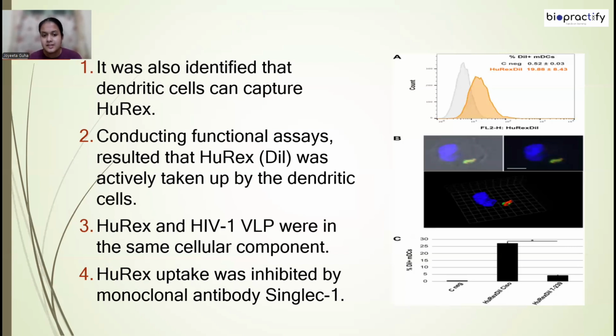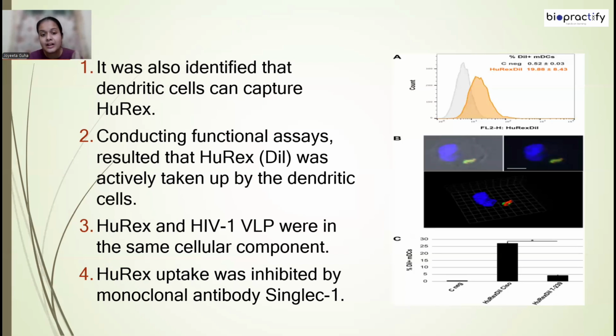The green portion is Hurex and HIV-1 VLP is the red part. Now, if this comes in contact with the dendritic cells, they are not absorbing this, but they are absorbing Hurex DIL. Question is why?